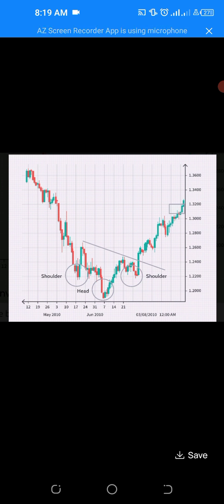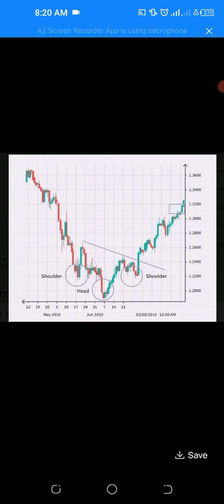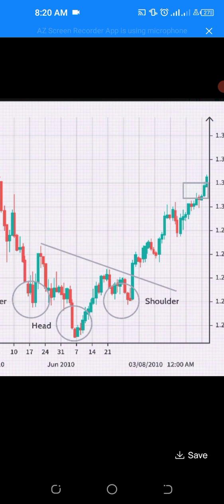Therefore, the downtrend is dominated with red candles, while the uptrend is dominated with green candles. That is for my own understanding. When you start your own, you can decide to use any color of your choice to represent any of the candle formations.